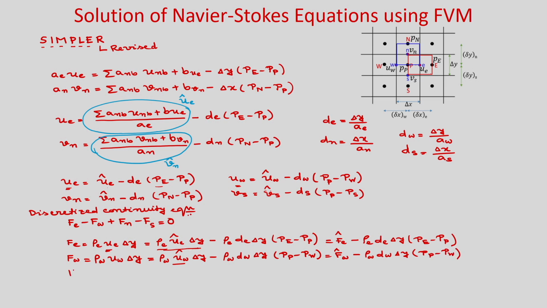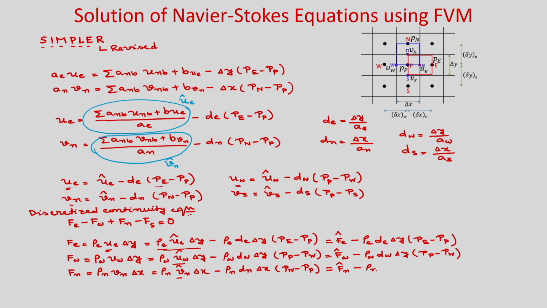Similarly, you write Fn is equal to rho n Vn delta x. Okay. So, Vn is this one. So, you can write rho n Vn hat delta x minus rho n dn delta x into (Pn minus Pp), and this will represent as Fn hat.